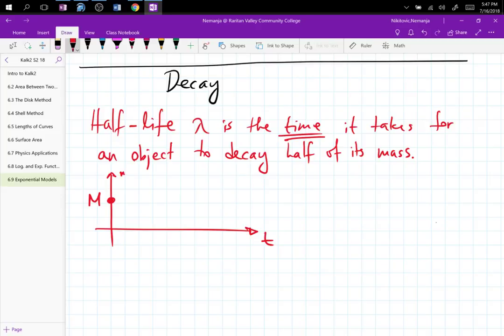This line will never touch and never cross the x-axis. So it is always decreasing, getting closer and closer and closer without actually ever crossing.